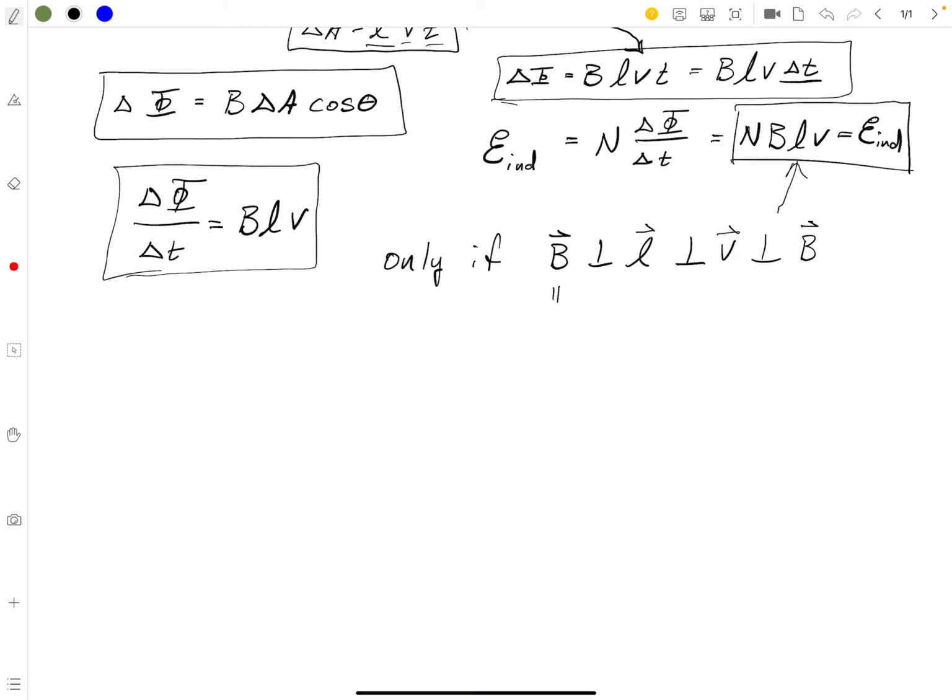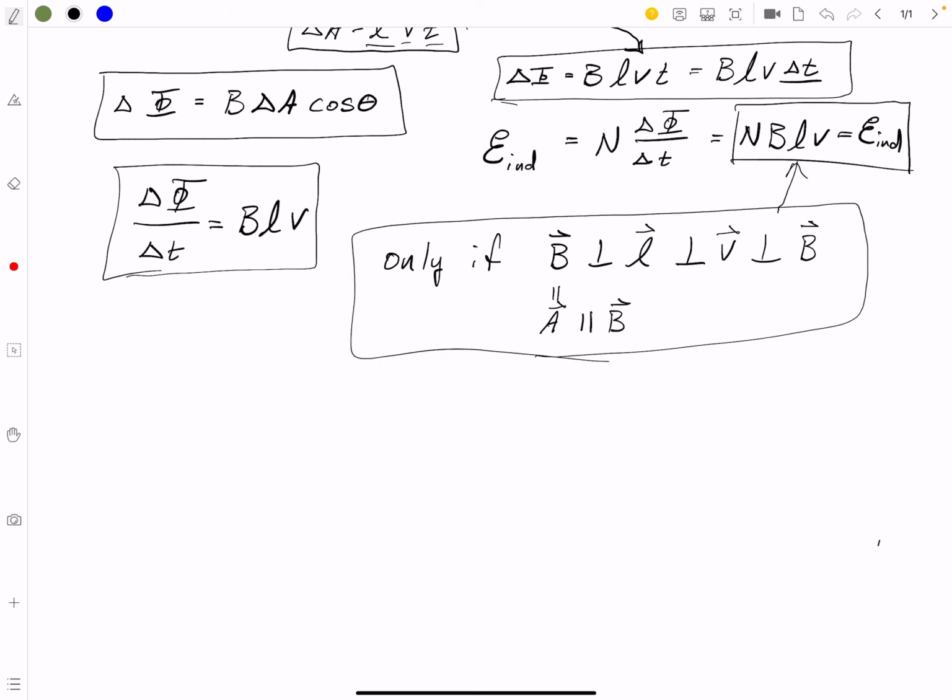Keep in mind that the B field and the area are parallel to each other, so A is parallel to B. All of this has to be the case, otherwise we have to insert this cosine of theta. But if that's the case, then we get this sweet, sweet equation.